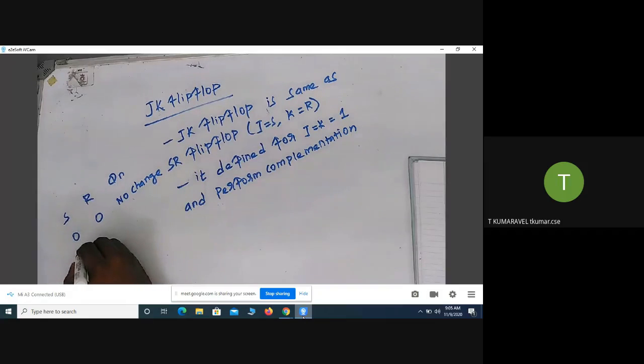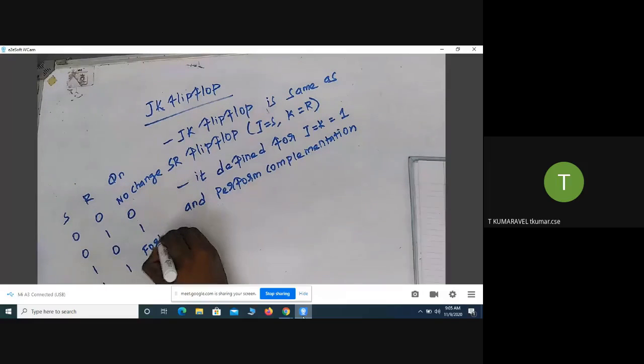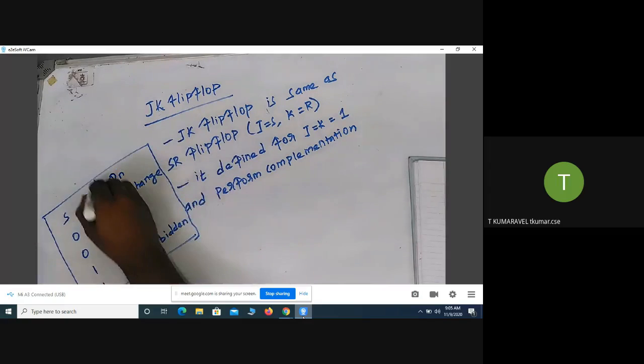Suppose the input combination is 0 1, it is called the reset state. The meaning is that if the R value is equal to 1, the Q value is equal to 0. For the next combination, 1 0, the output value is equal to 1. And 1 1 is called a forbidden state. What is the meaning of the forbidden state? You are not encouraged to allow that input combination.